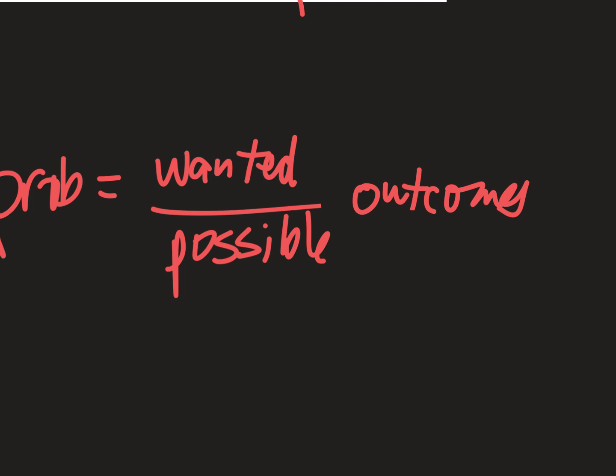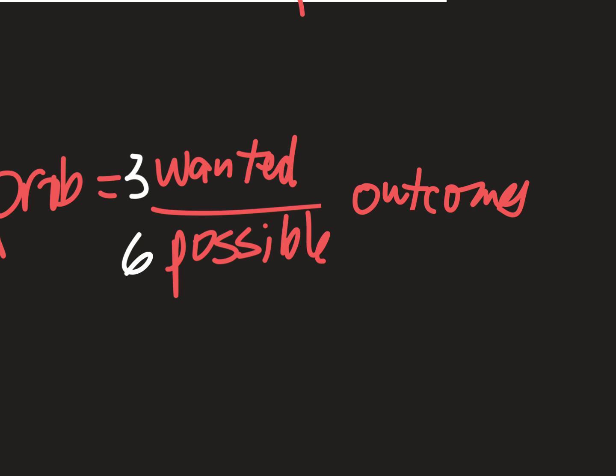They're wanted outcomes over possible outcomes. So every problem we have today, every one of them, you're going to have to figure out, what do I want to happen over how many things could happen? So when you've got a die, what do I want to happen? Let's say that you want an odd number to come up. Then you'd have 3 wanted outcomes over 6 possible. So 0.5 is your probability that you'll get an odd number, okay?